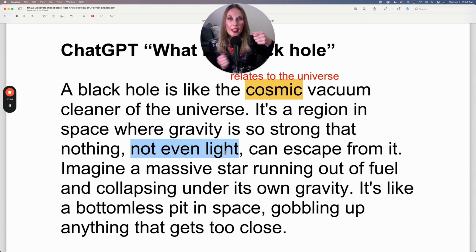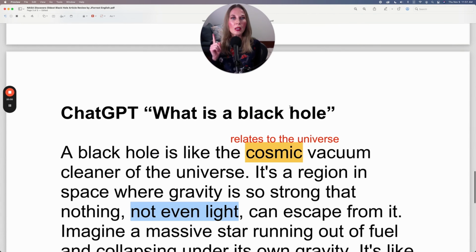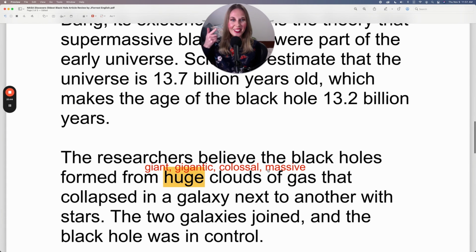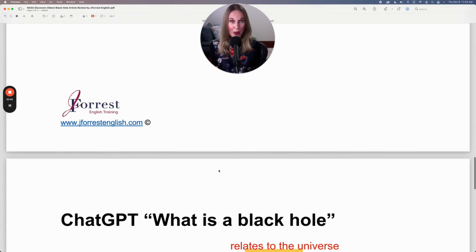So the light gets sucked up by the vacuum, by the black hole. So that's probably why it's a black hole, because there's no light, because light cannot escape it. Imagine a massive star. Massive, I added it to the list of adjectives for very large.